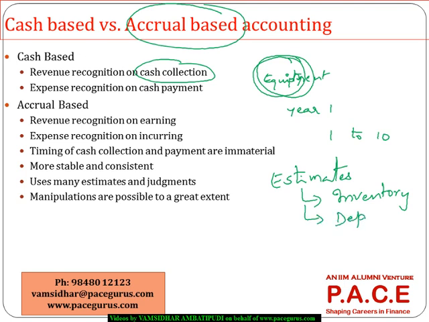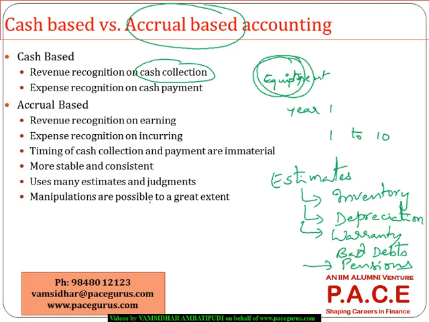Companies can use their own depreciation mechanisms. We have also seen that some kind of estimates are necessary towards warranties or towards bad debts. There are so many provisions, or even for the pensions we have looked at, there are so many assumptions the company has to make.